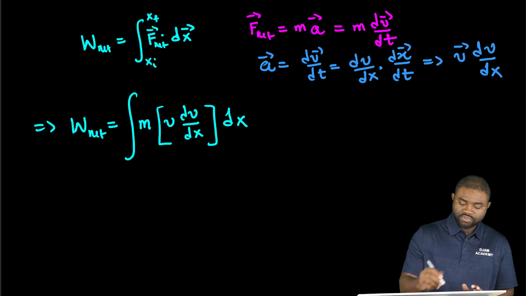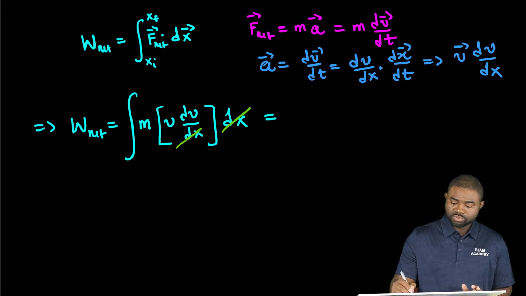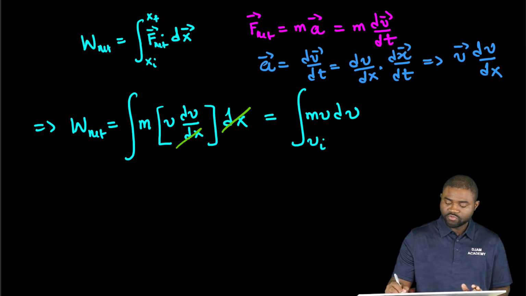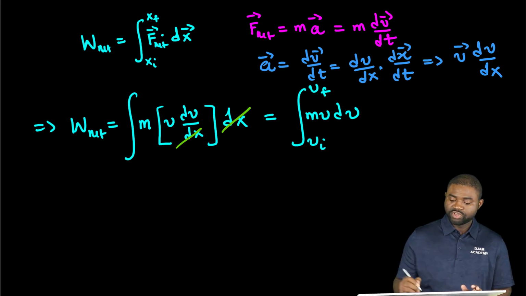The beauty of this equation is that the dx will cancel, and this will be equal to the integral of m v dv, and we're integrating from v initial to v final.